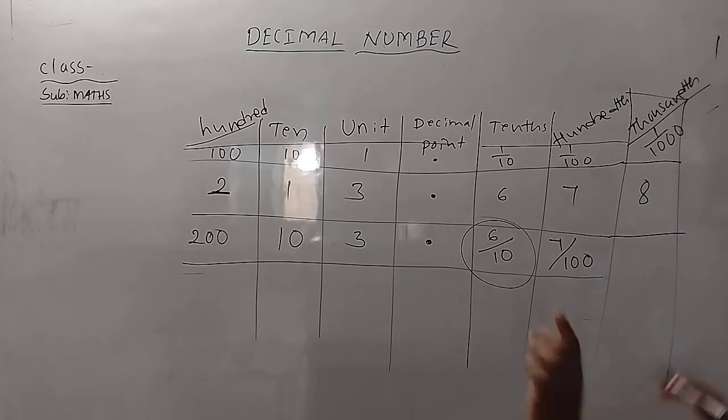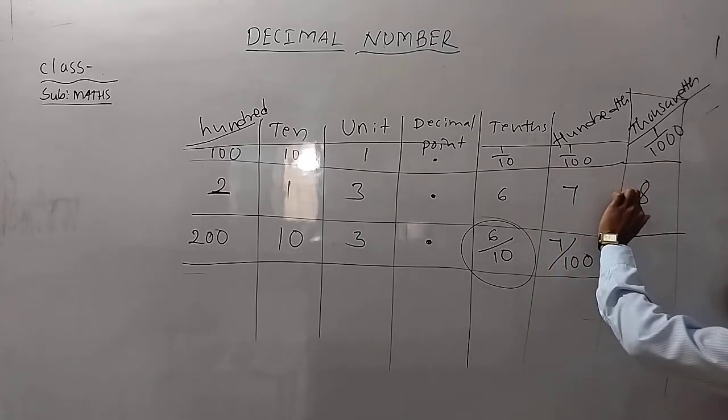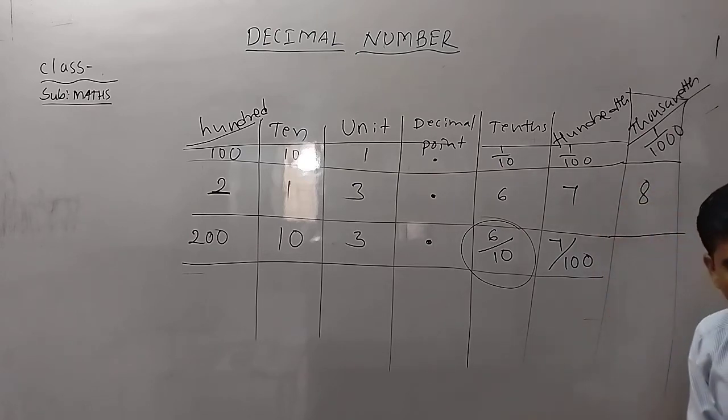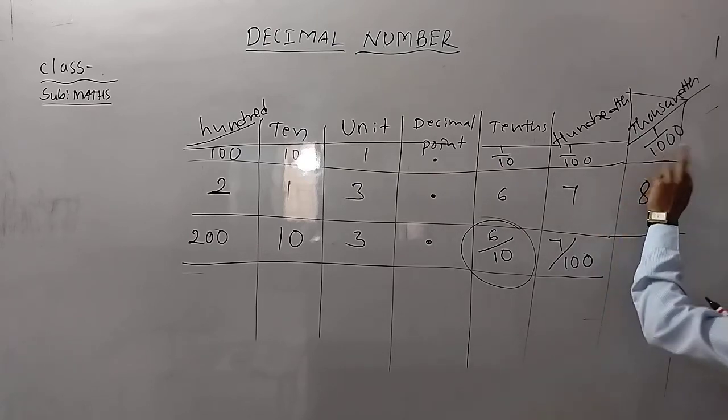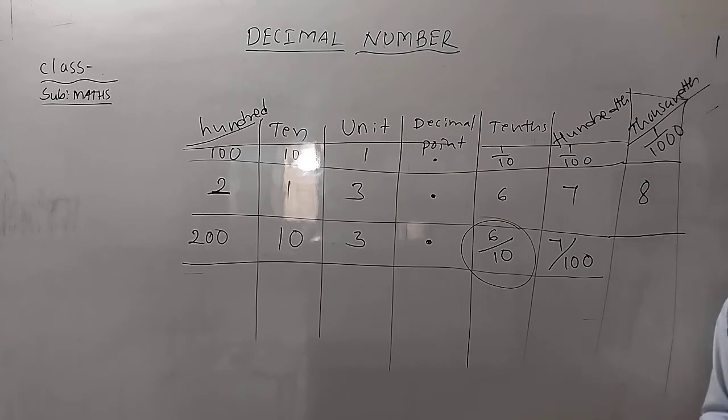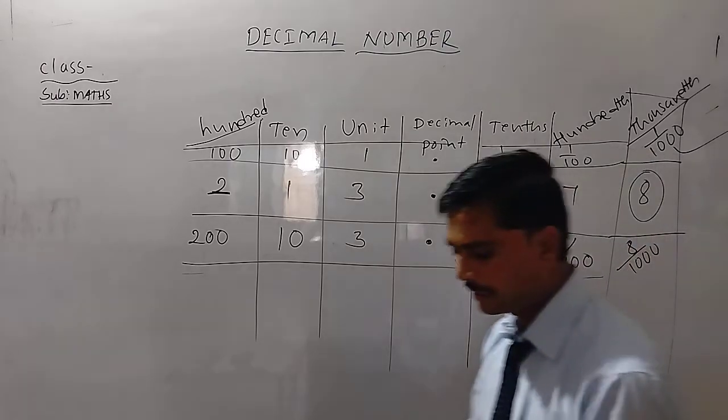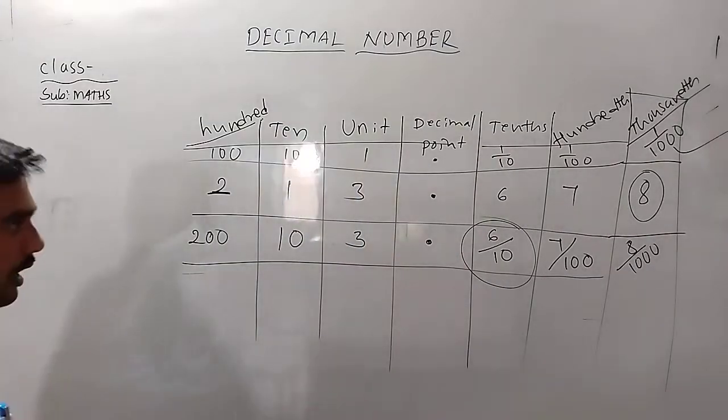You should think the total number of apples is 1000, and out of 1000 apples I selected only 8 apples. Then how to write that as a fraction? Sir, 8 by 1000. This is the decimal number place value technique. Then let us discuss the next point. I will make it clear to you.